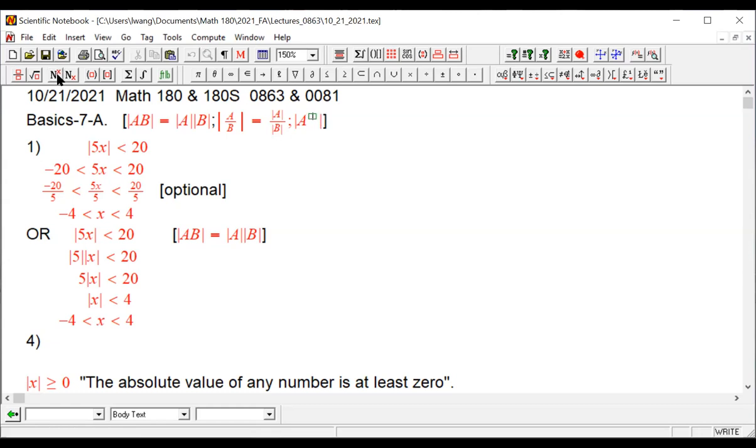When you take a to the power of n, it's going to be the same as taking the absolute value of a and then taking the power. That makes no difference. But this property is really the extension of the first one, the consequence of the first one. So we're going to put these two together.